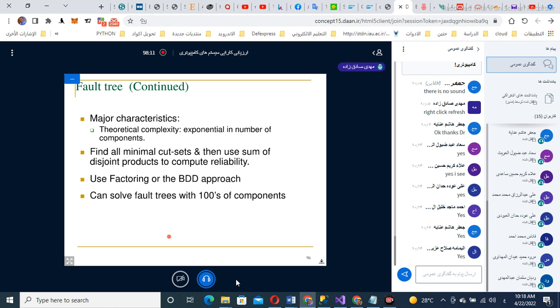And then use factoring or the BDD approach, which can solve fault trees with hundreds of components. This is when the number of components is large. We can use the minimal cut sets, and then use sum of disjoint products to compute reliability.